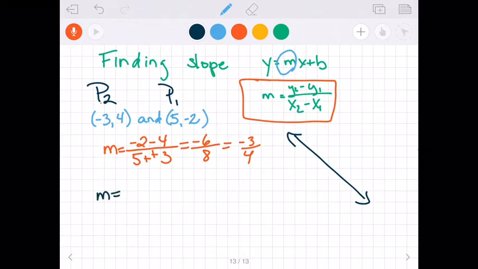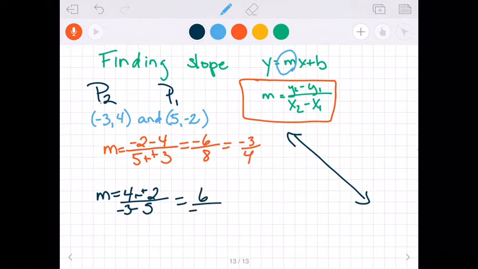M equals y2, which is 4, minus y1, which is negative 2, over x2, which is negative 3, minus x1, which is 5. So you can see we get 6 over negative 8, which gives us negative 3/4 again. So it really doesn't matter which way you do it.